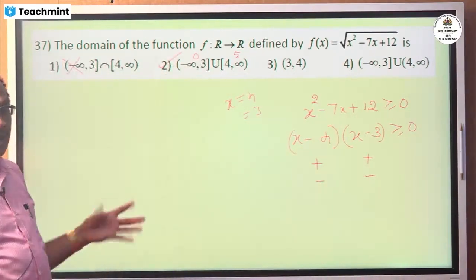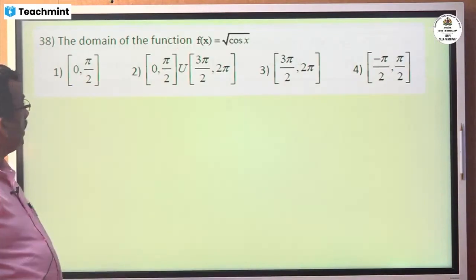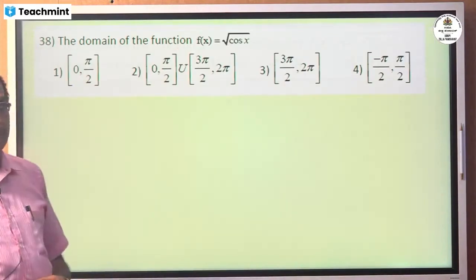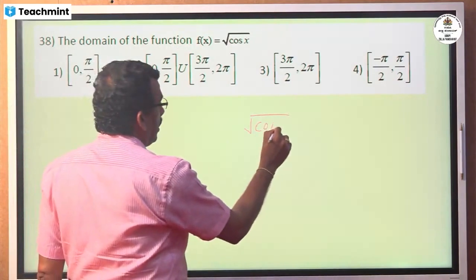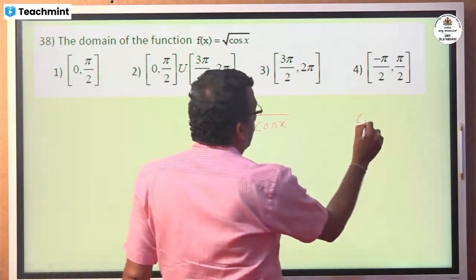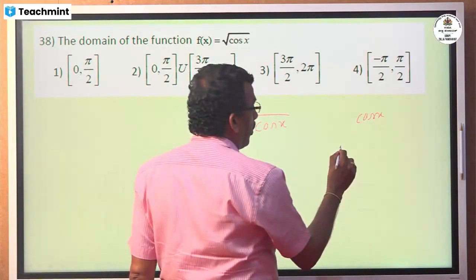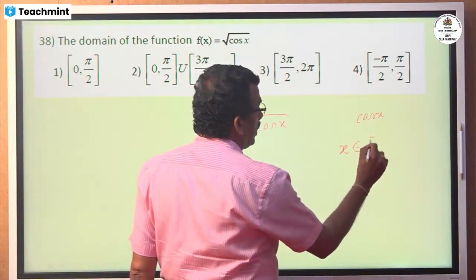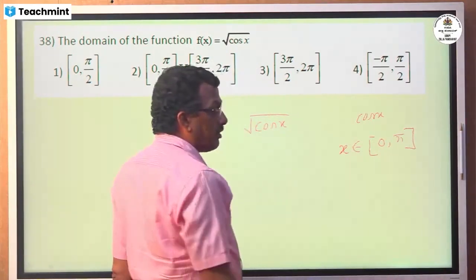We have not solved that one, but we have verified it. The domain of the function f of x equal to root cos x is? As you know, cos x is a function for which x belongs to the closed interval 0 comma pi, called its domain.